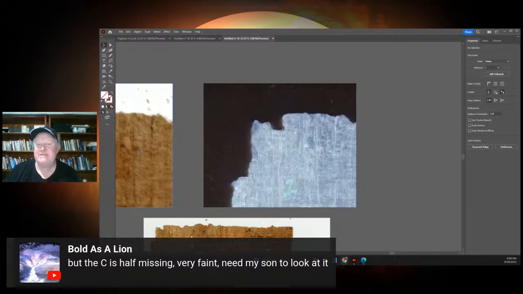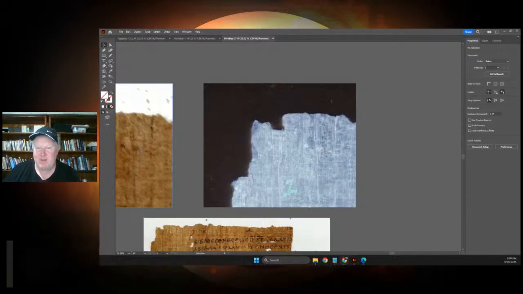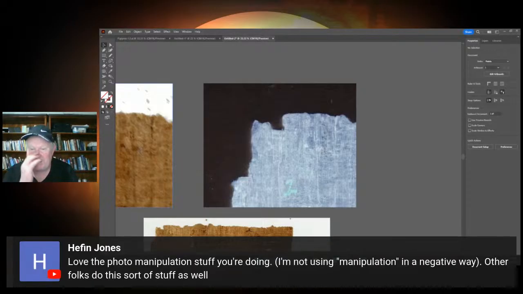Boulderline says the C is half missing, very faint. Heffron says, love the photo manipulation stuff you're doing. I'm not using manipulation in a negative way. Is that a pun? Other folks do this sort of stuff as well. Time to get some multispectral imaging done of P1.